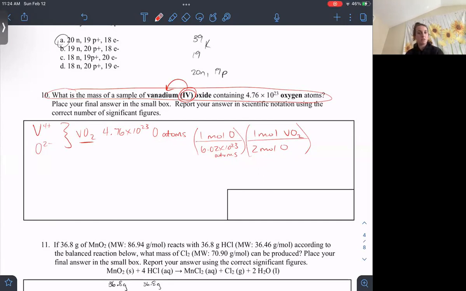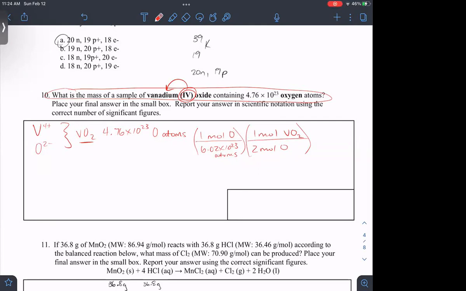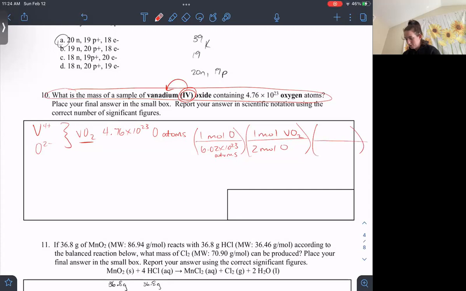Okay, and what's the last thing we need to do to get to grams? Multiply the moles by the molar mass of VO2. Awesome. So we'll have 1 mole of VO2 is equal to the grams of VO2. I don't remember what that is. I think this was 38.2, 38.6, something like that. Someone has the math. 82.94. Awesome. Thank you.